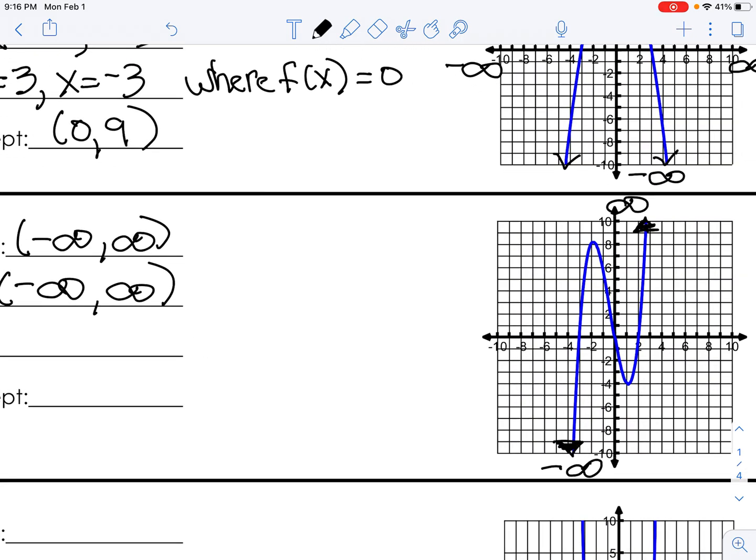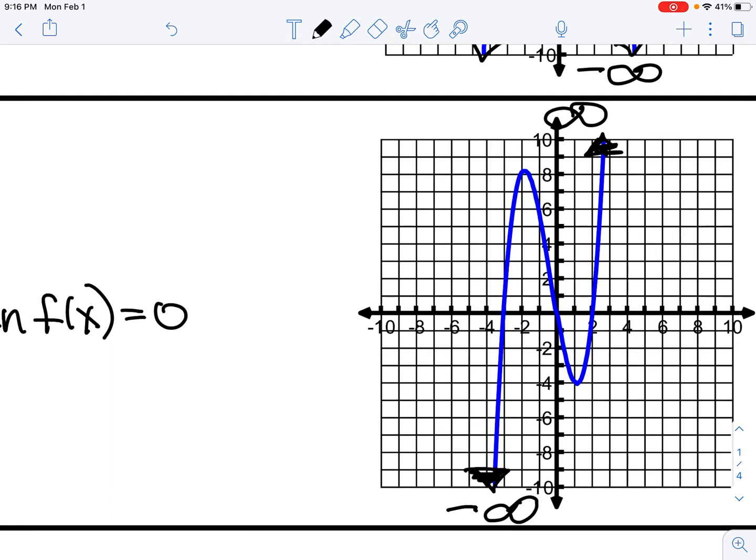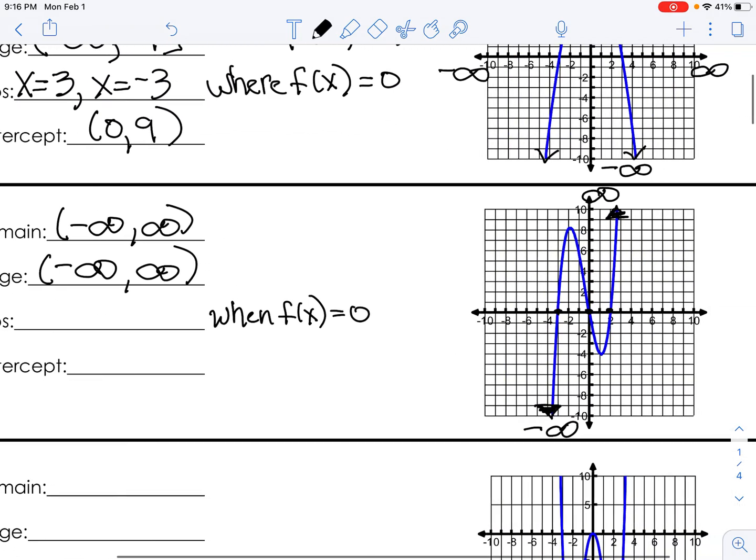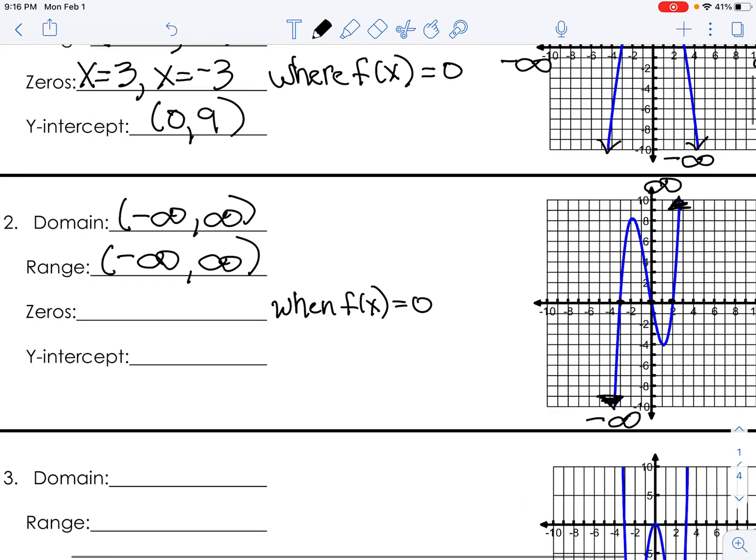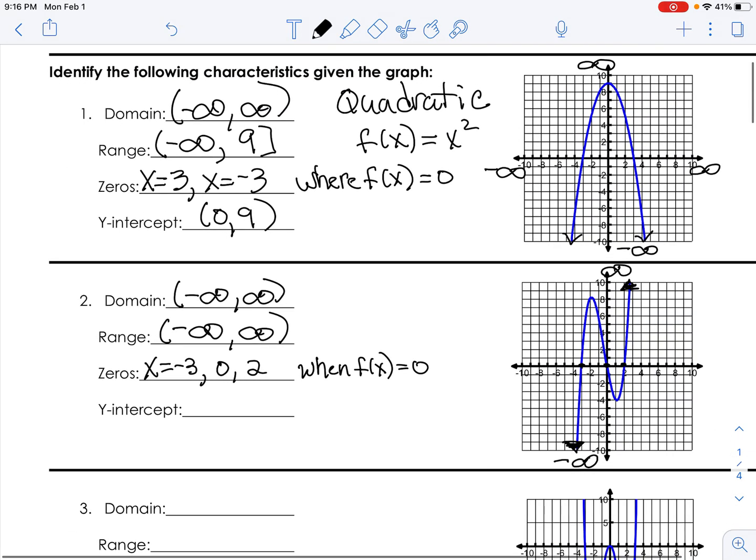What are the zeros? Well, the zeros are when f of x equals 0. All right, so you can see on the graph here, that's at -3, 0, and 2. So that's x equals -3, 0, and 2.